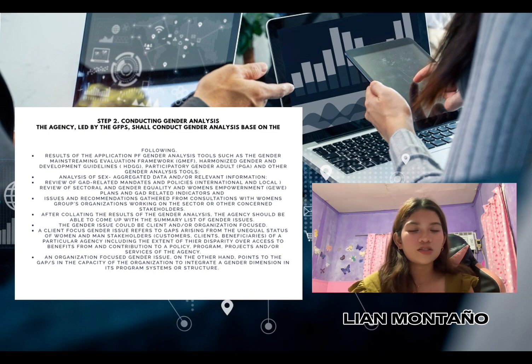A client-focused gender issue refers to gaps arising from the unequal status of women and men stakeholders, customers, clients, and beneficiaries of a particular agency, including the extent of their disparity over access to benefits from and contribution to a policy, program, project, and/or services of the agency.